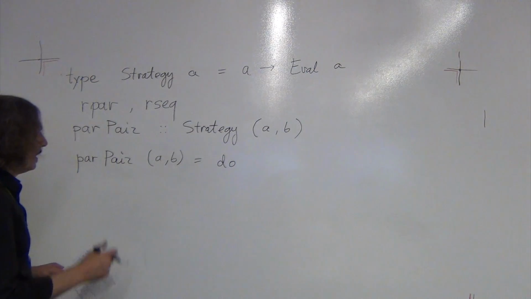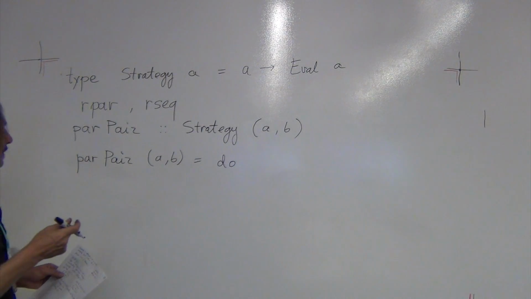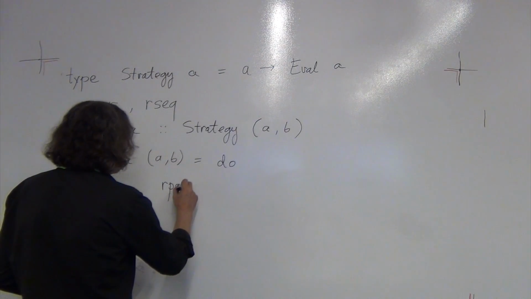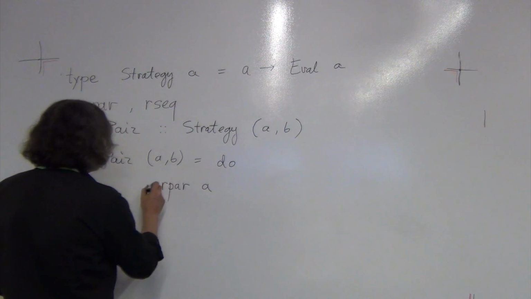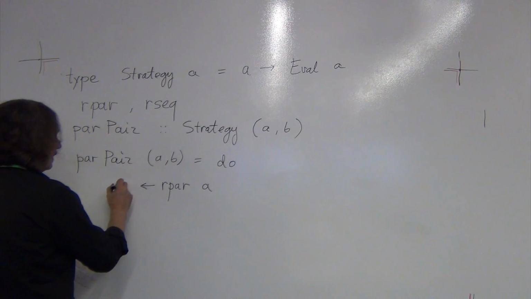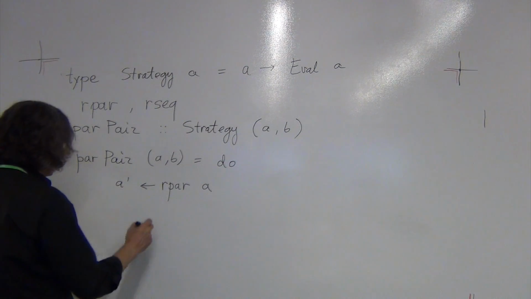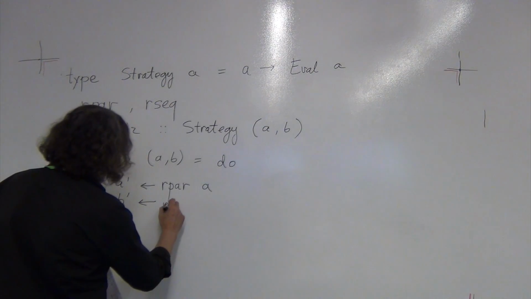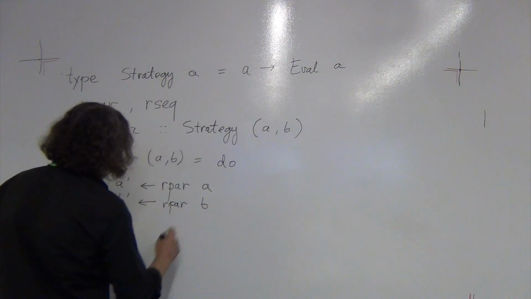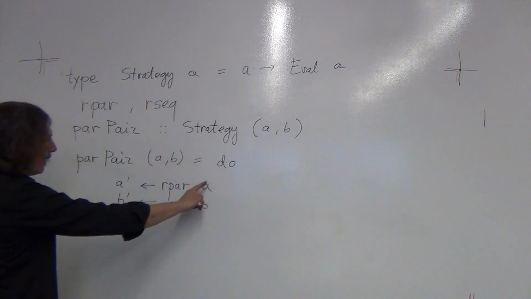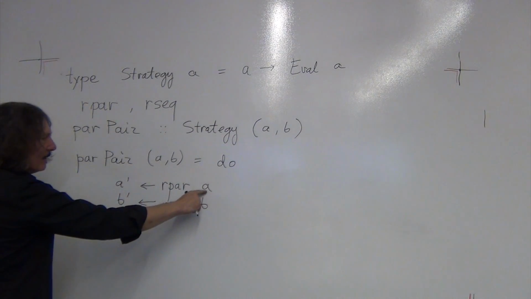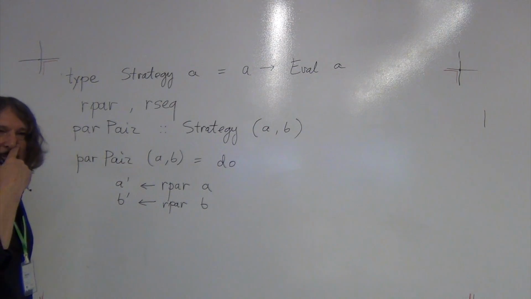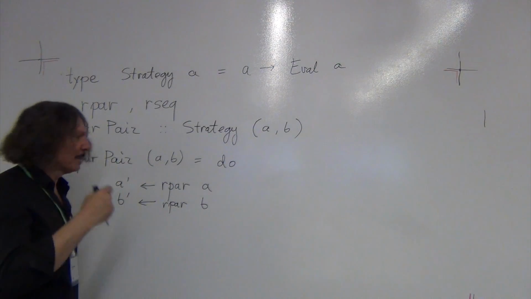Okay? And if we want to evaluate them in parallel, then we'll apply rpar to A, and that will be gotten in A prime, and B prime is rpar of B. So this will spark two sparks, right? And it will just evaluate A, and A prime is the evaluated A already, right?